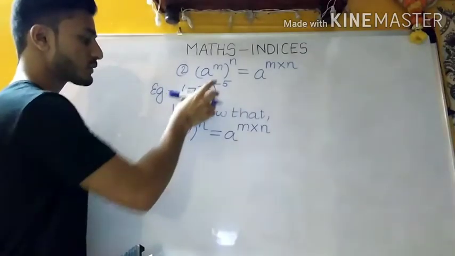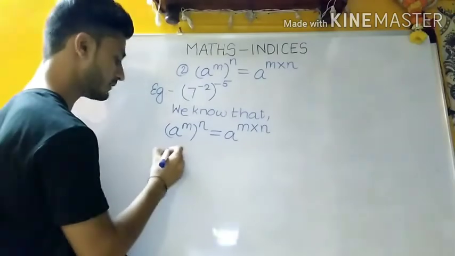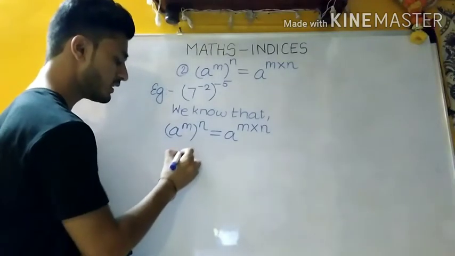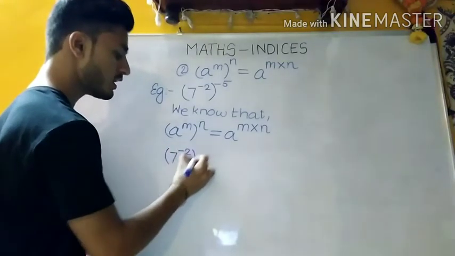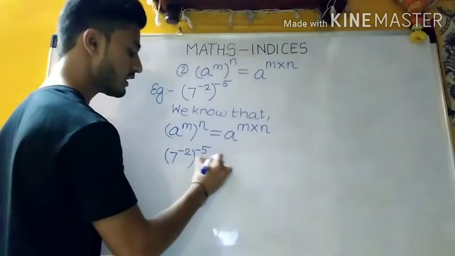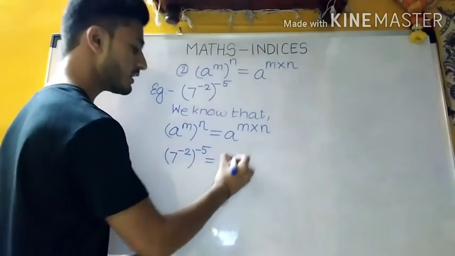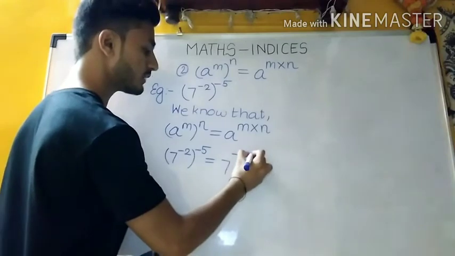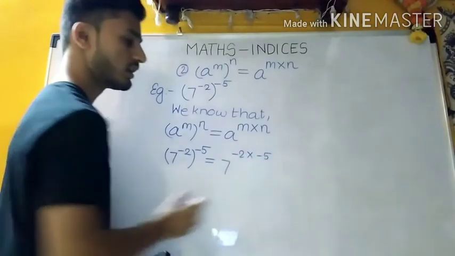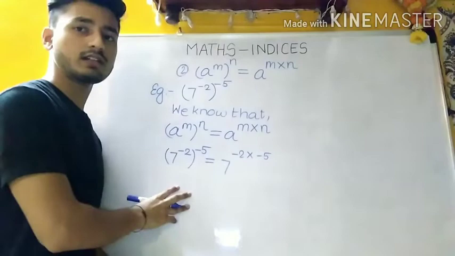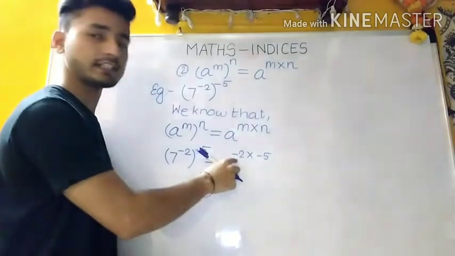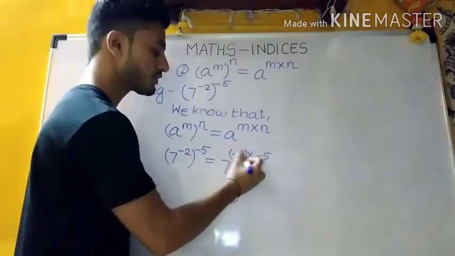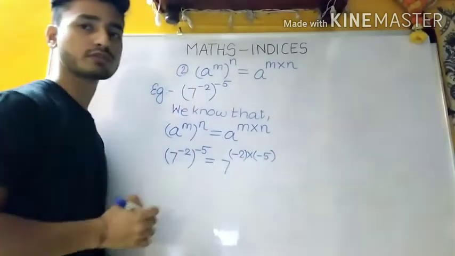Now you will convert this question in the form of formula. It will become 7 raised to the power minus 2 raised to the power minus 5 is equal to 7 raised to the power minus 2 multiplied by minus 5. As mentioned earlier, I have told you whenever you see a negative sign, just mention brackets, so it will be easy for you to solve.